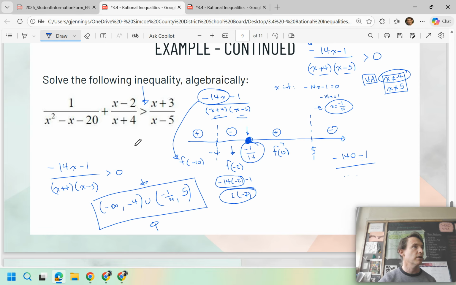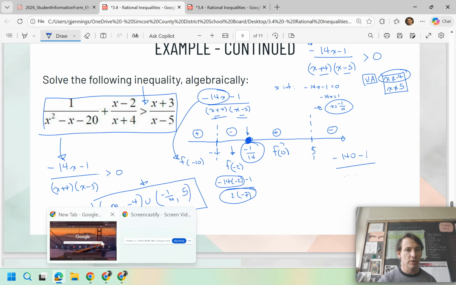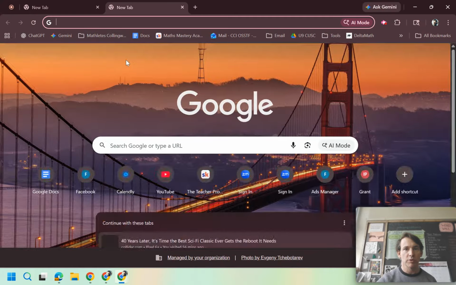Yeah? Can we see this in Desmos? Yes, let's take a look at it in Desmos. So do you want to take a look at this in Desmos or the simplified expression in Desmos? Oh, I simplified it. Yeah, cool. Okay, let's go get Desmos.